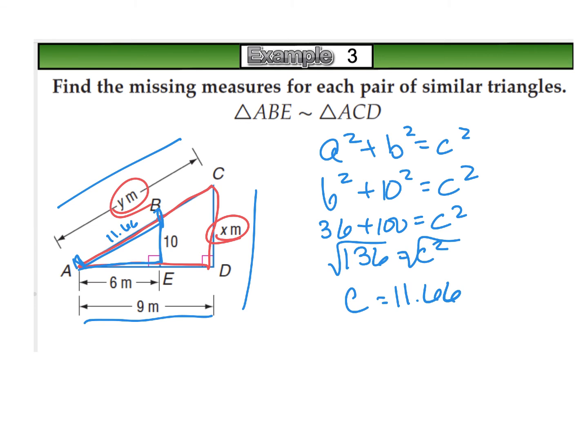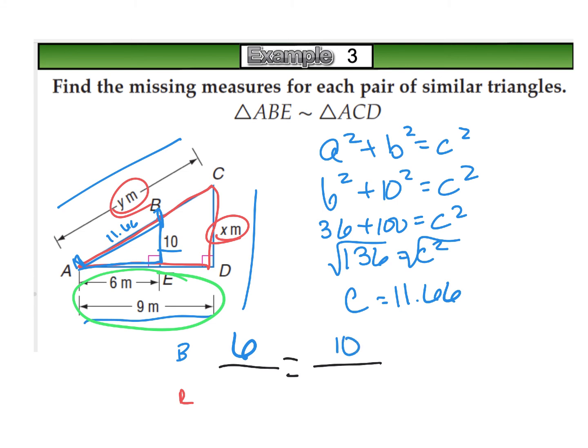So now I'm going to set up a proportion because now I should be able to figure out something, I would hope. I've got the bottom of both triangles. So here I'm going to put the blue triangle on top and the big red triangle on the bottom. So the blue triangle, the bottom part here is 6. The side over here is 10.